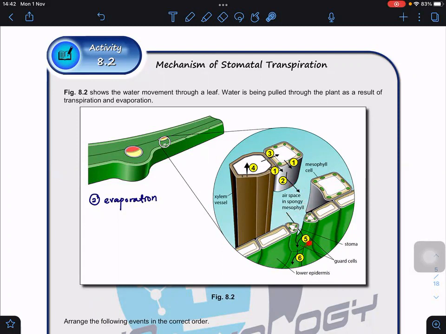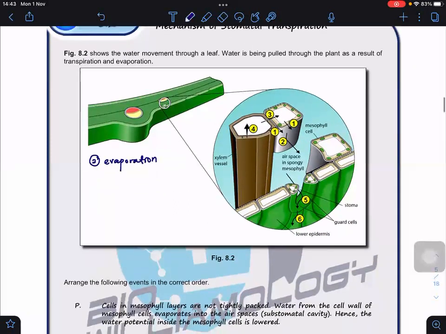So when the guard cells open the stomata, diffusion takes place. And number 6, basically, this water vapor won't stay there for long because in the atmosphere we do have the wind that carries away the water vapor. So the most important two processes here are number 2 and number 5. Number 5 is the diffusion.